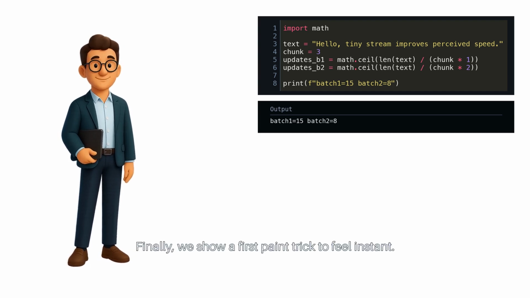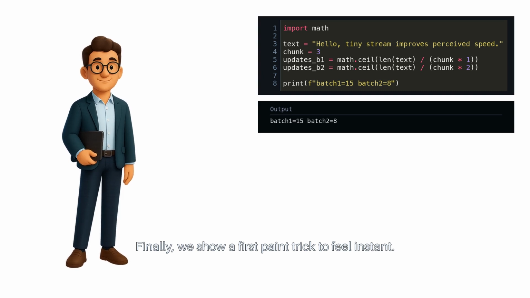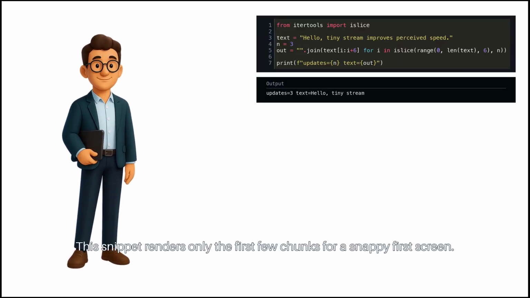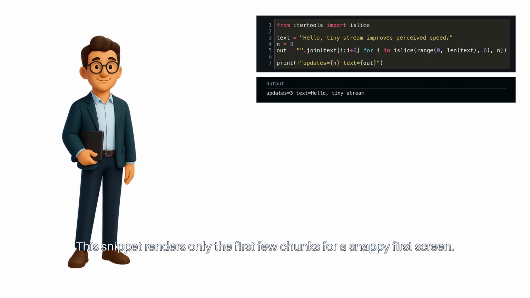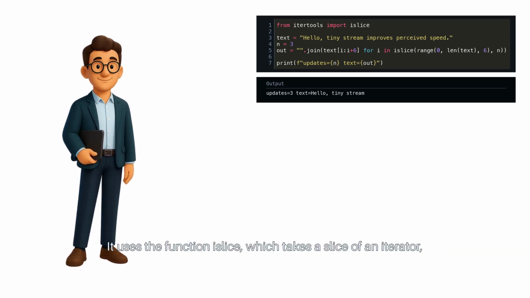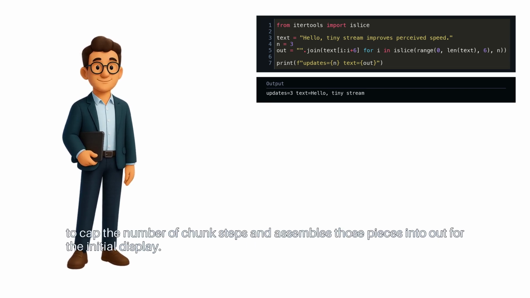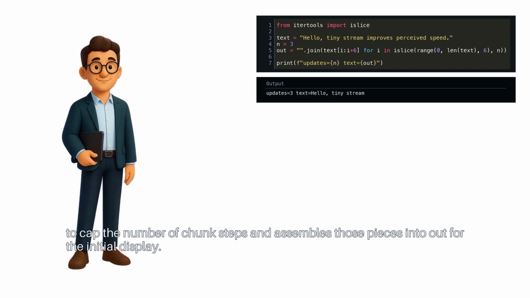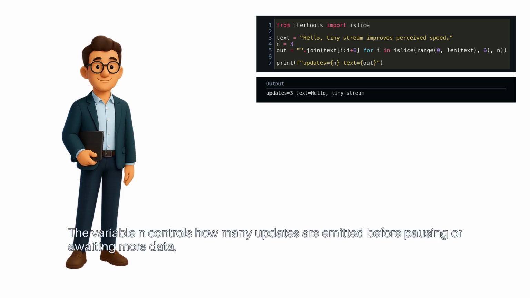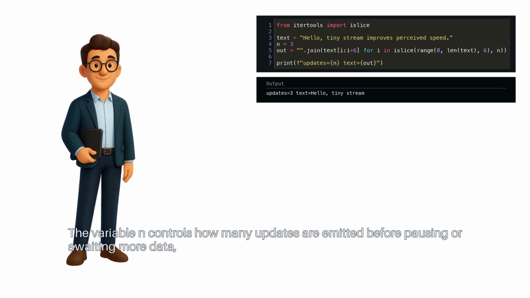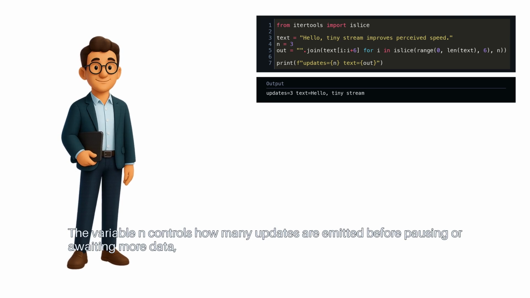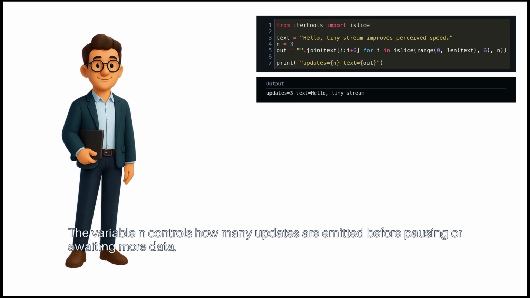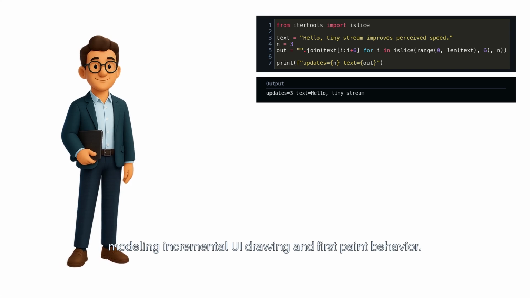Finally, we show a first paint trick to feel instant. This snippet renders only the first few chunks for a snappy first screen. It uses the function iSlice, which takes a slice of an iterator to cap the number of chunk steps and assembles those pieces into out for the initial display. The variable n controls how many updates are emitted before pausing or awaiting more data, modeling incremental UI drawing and first paint behavior.